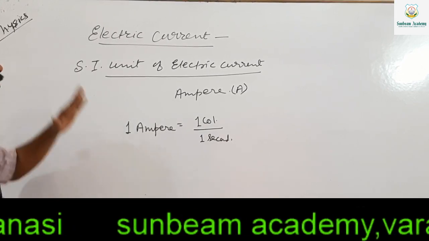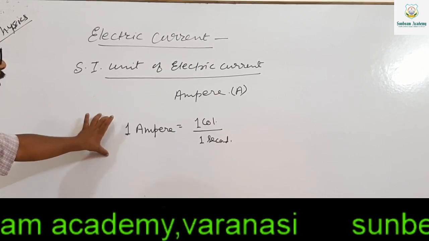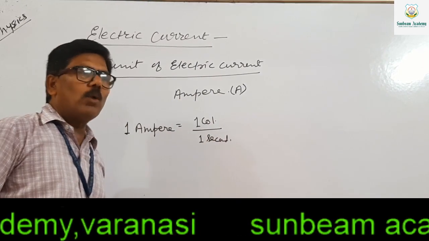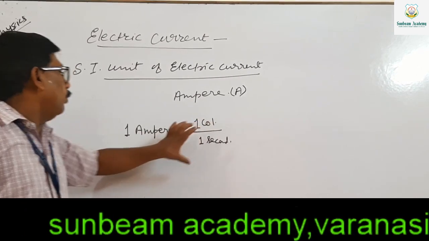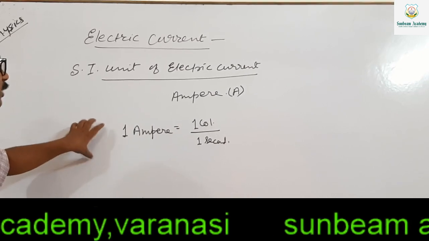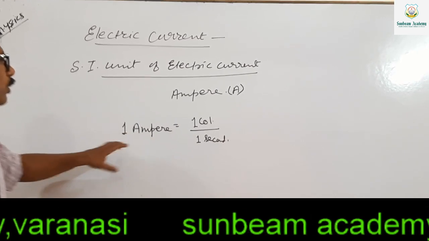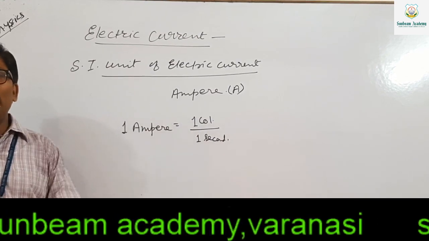So SI unit of electric current is ampere and 1 ampere is equal to 1 coulomb upon 1 second. With the help of this you can define 1 ampere. 1 ampere current is said to flow only when 1 coulomb of charge is flowing through the conductor in 1 second.